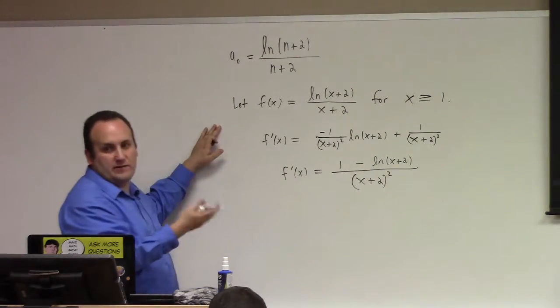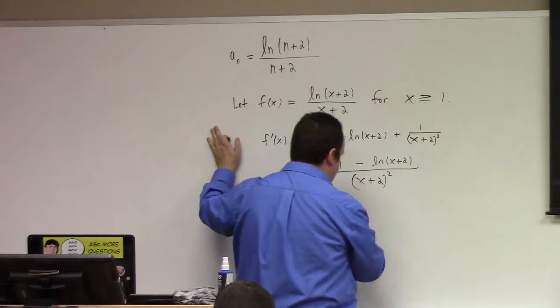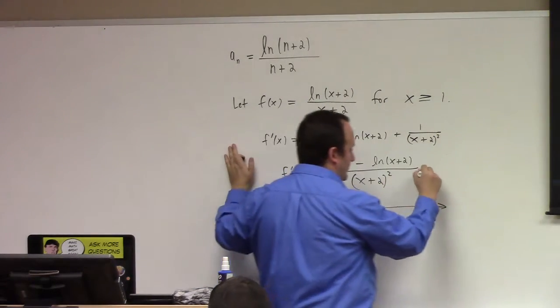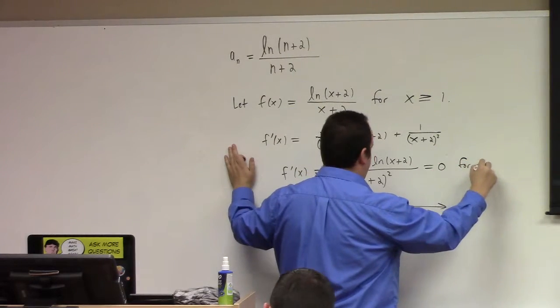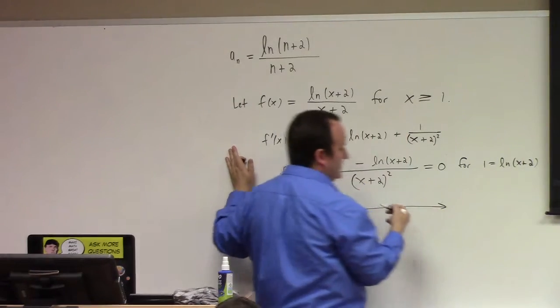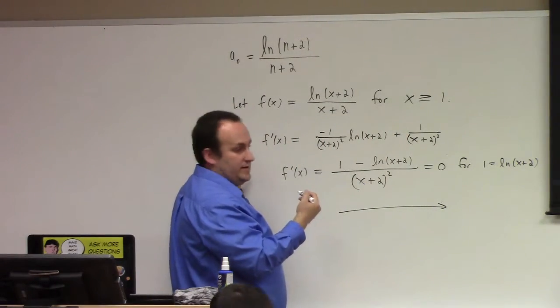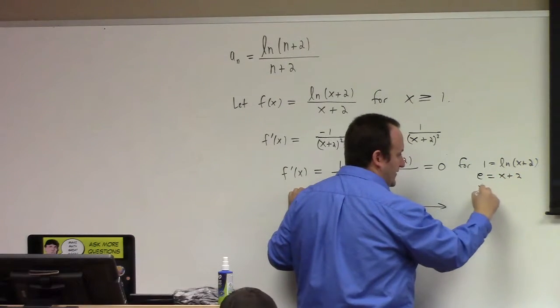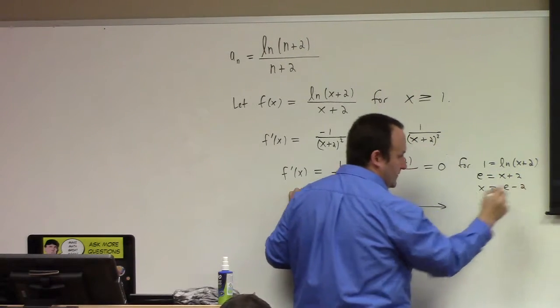So we can draw a number line for this, just to organize my thinking. When is this 0? This is equal to 0 if one equals the log of x plus 2, right? If I take the exponential of both sides, that gives me e is equal to x plus 2. In other words, x is equal to e minus 2.